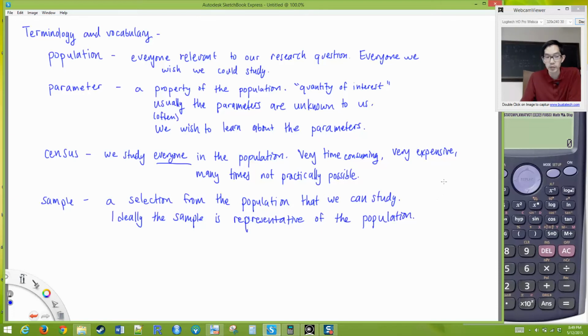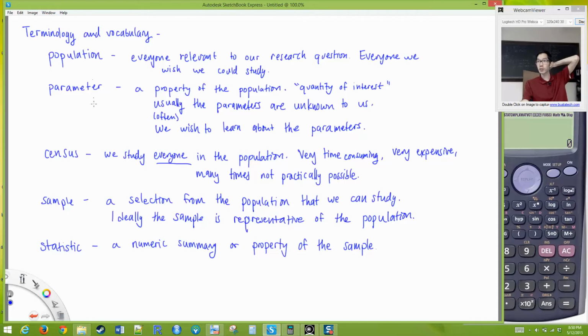And when we study a sample, a statistic is a numeric summary or property of the sample. So populations have parameters, samples have statistics.